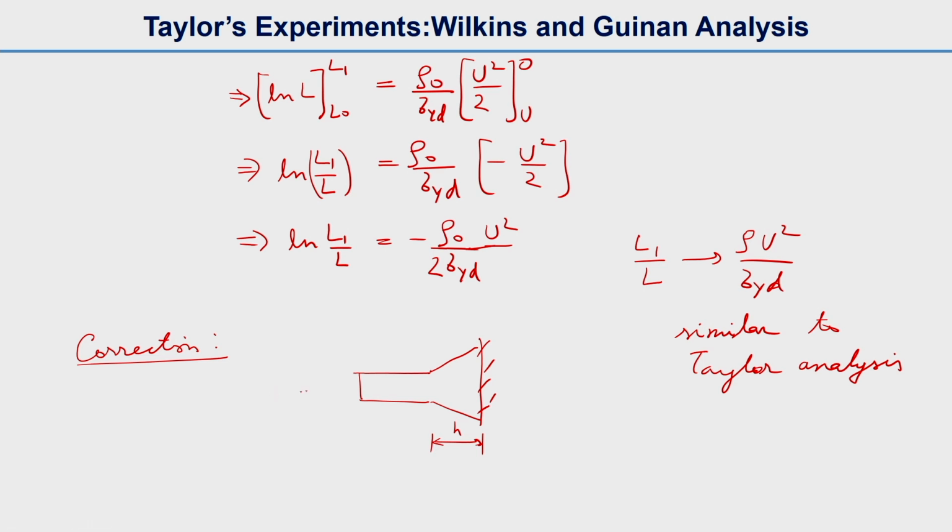So what happens when it hits first, that h will increase, and then finally it gets a fixed value of h, and this h is independent of velocity u, that is the impact velocity u, and proportional to L naught, the initial length, or we can write h by L equal to constant.